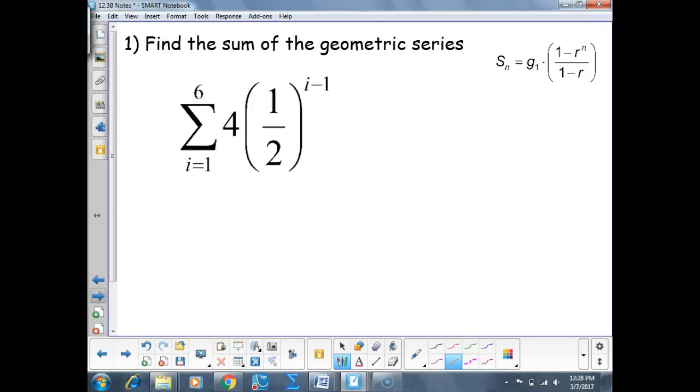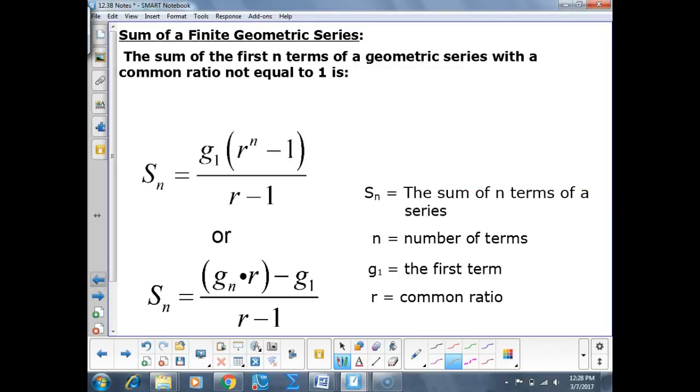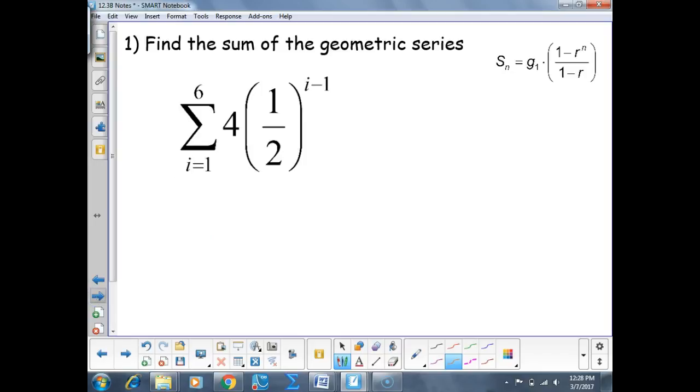Okay. So find the sum of that. Now, did I switch around these formulas? R sub n minus 1 and r minus 1. Oh, yeah, I switched them around. So let me go back here and get rid of that. Our sum here, we said S sub n was G sub 1 times r to the n minus 1 all over r minus 1, right?